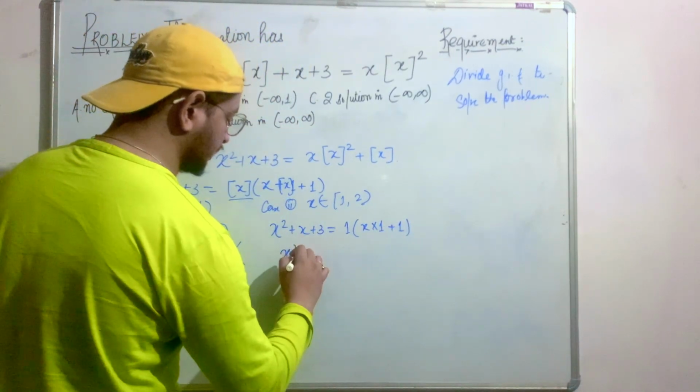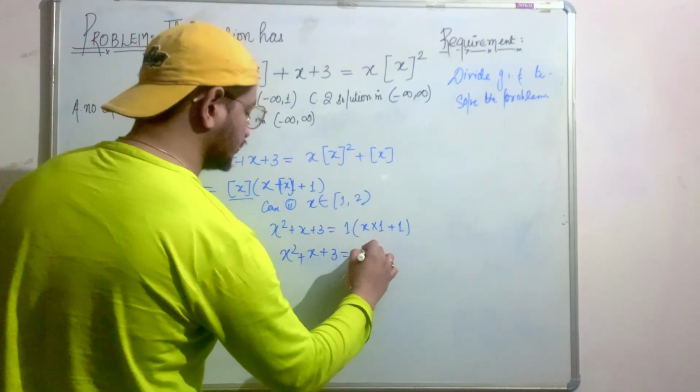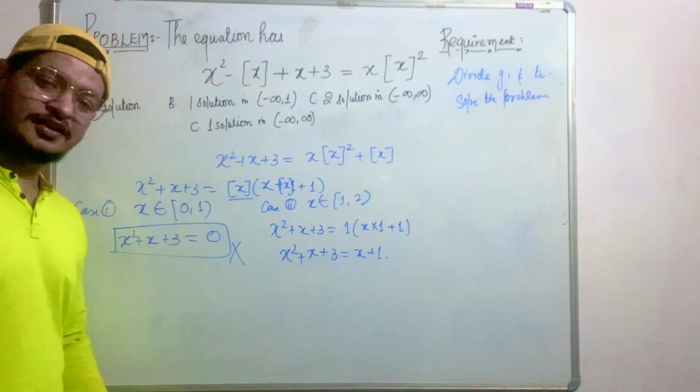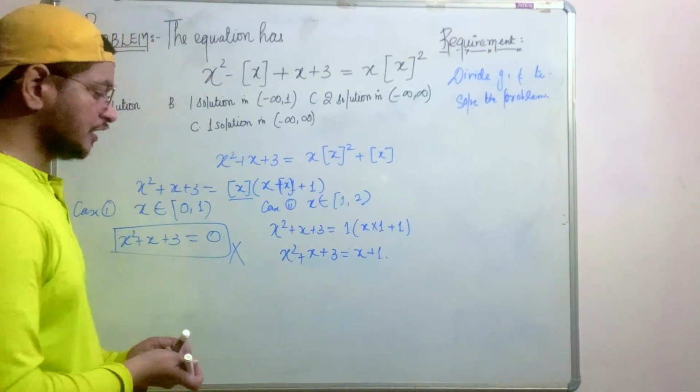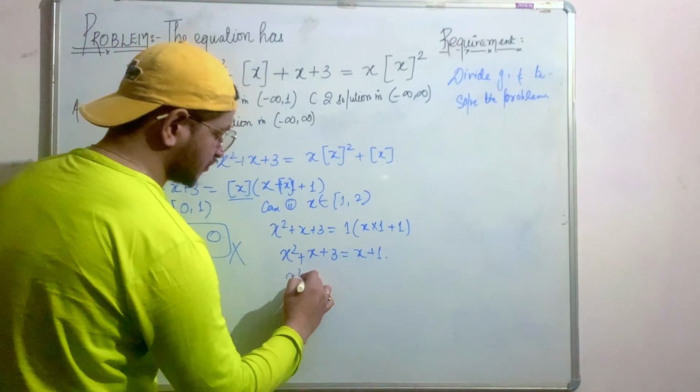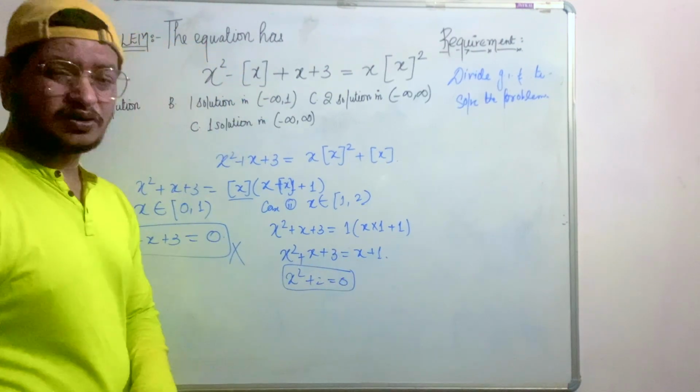From here, we get x square plus x plus 3 equal to x plus 1. You will cancel x and x, and you will get x square plus 2 equal to 0, which is also not possible.